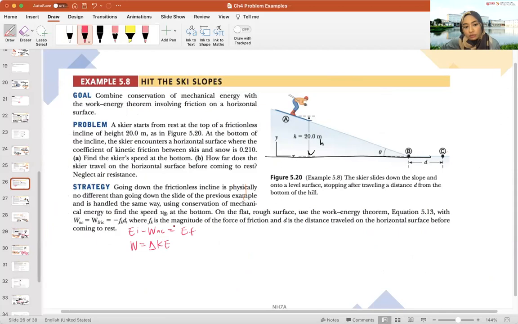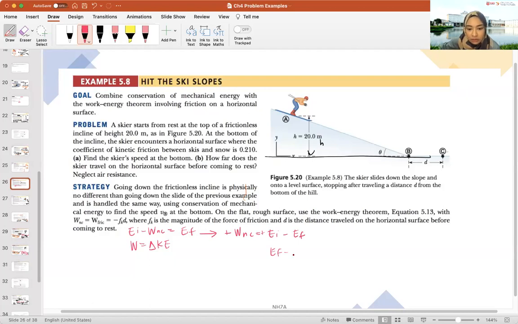If you rearrange this, it becomes Wnc, kita bawa ni ke sini, so jadi positif, so Ei minus Ef. Selalunya kita tengok Ef minus Ei, right?